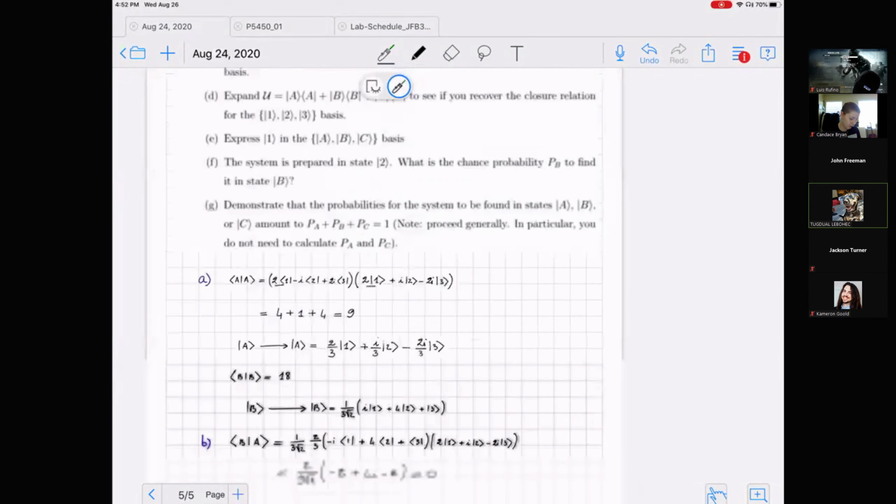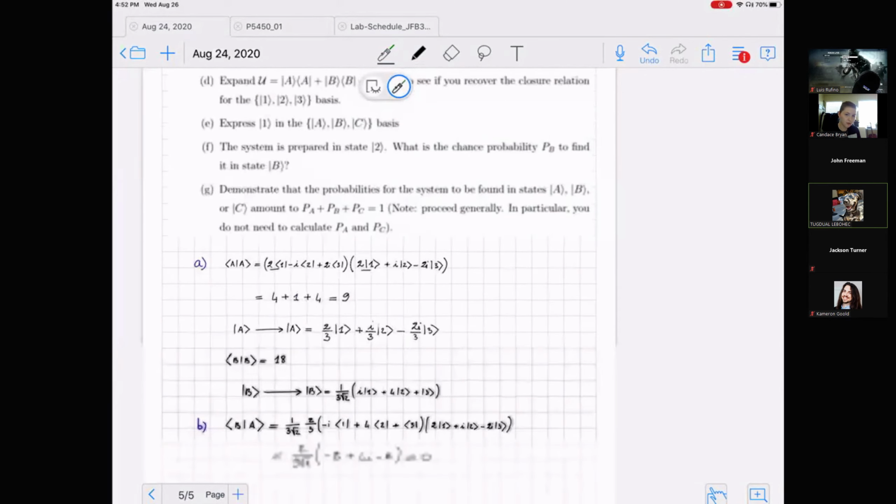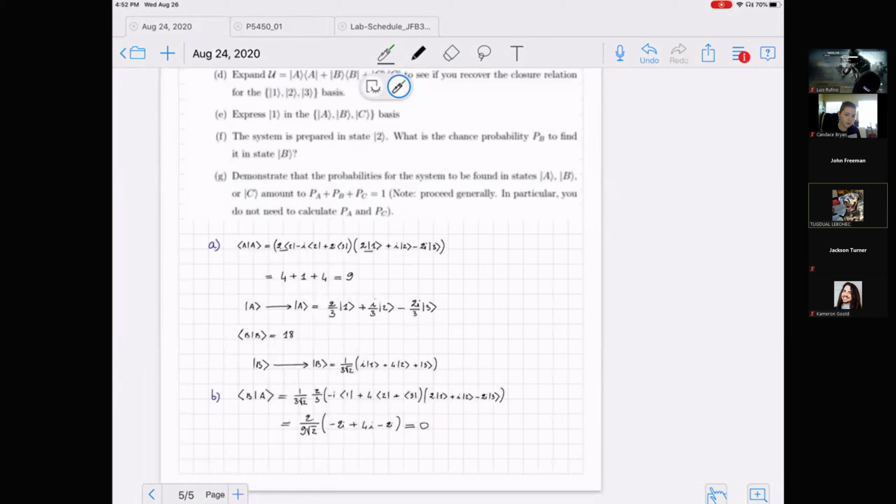And here we have made sure that they were of norm 1. So what we need to find is one vector C that is of unit norm and that is also perpendicular to both A and B.